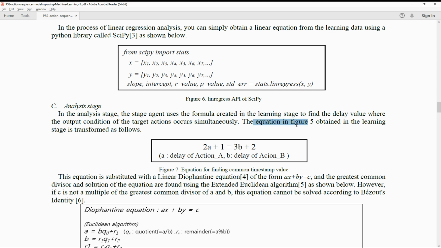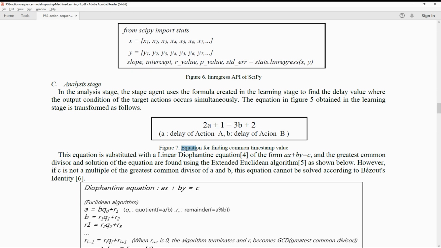The equation in figure 5 obtained in the learning stage is transformed as follows: 2a plus 1 is 3b plus 2. A is a delay of action A, B is a delay of action B. Figure 7, equation for finding common timestamp value.